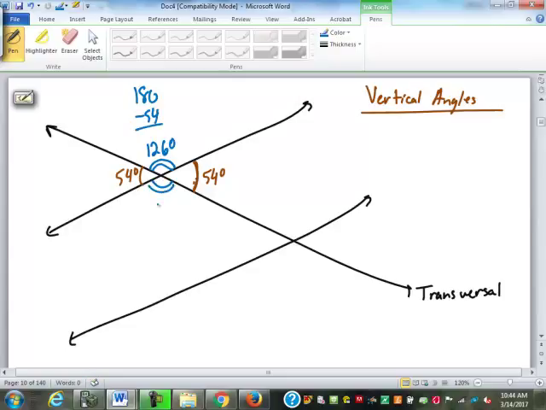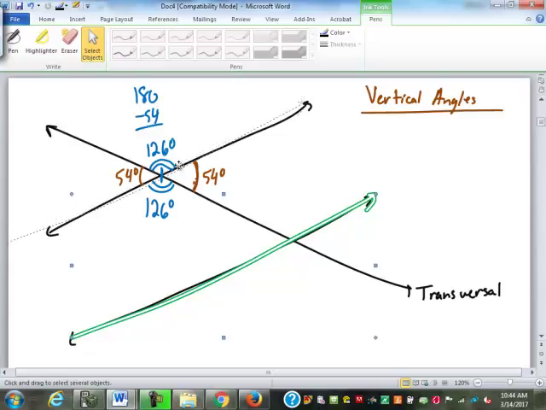So then this one has to also be 126. Those two are also vertical angles, the two 126s. They're formed by the opposite sides of intersecting lines. Down here, if I took this line and slid it up here, it's going to lie right on top of this other one, right?